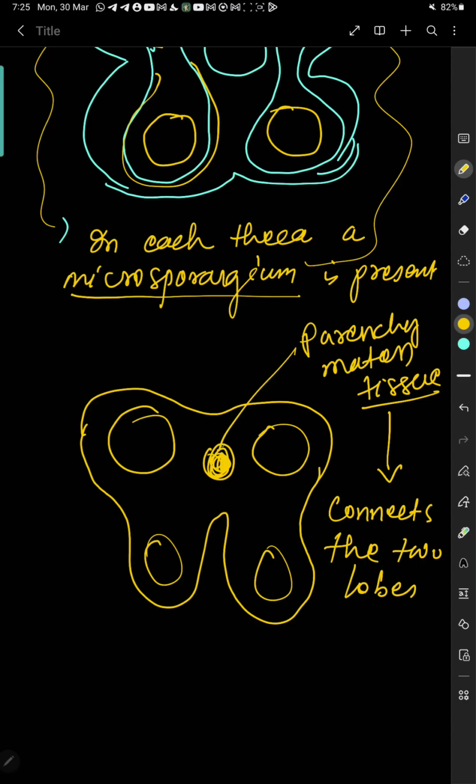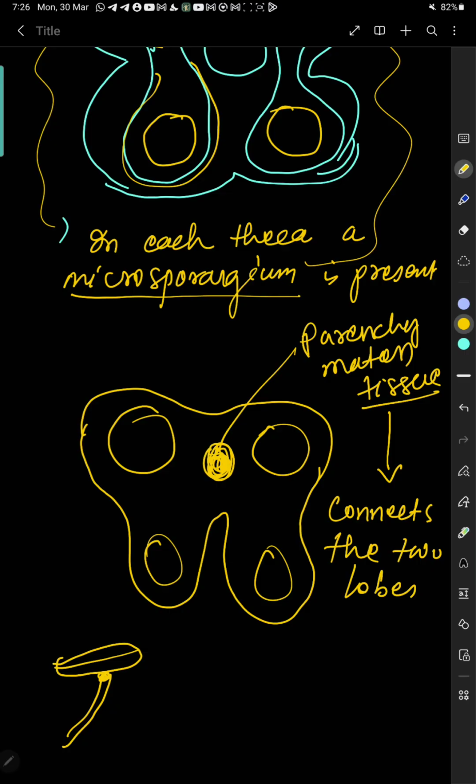Besides that, this is the region where the filament is attached to the anther. Now what is present inside the anther?